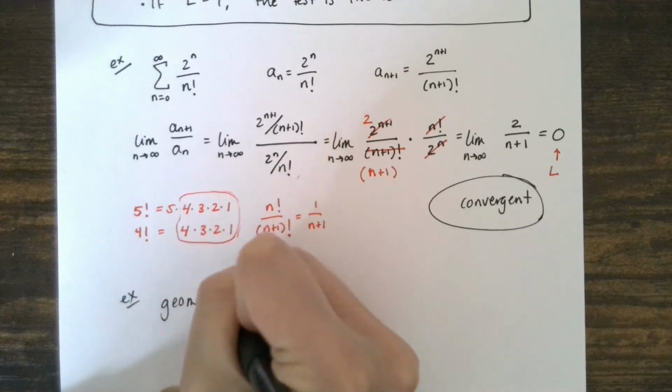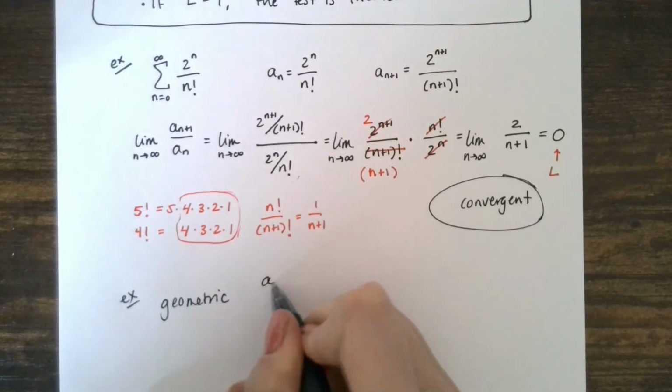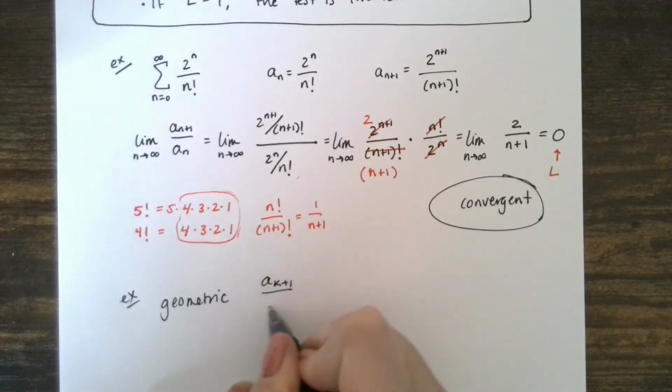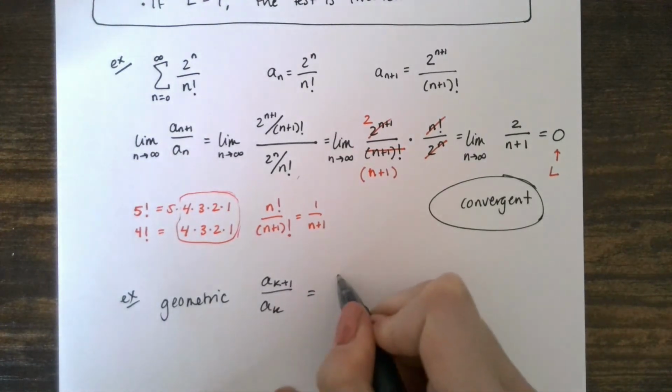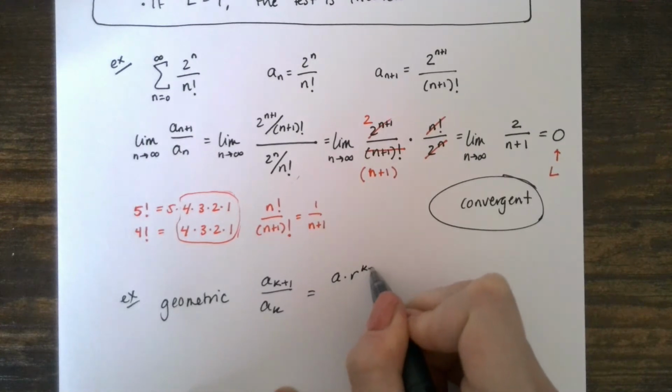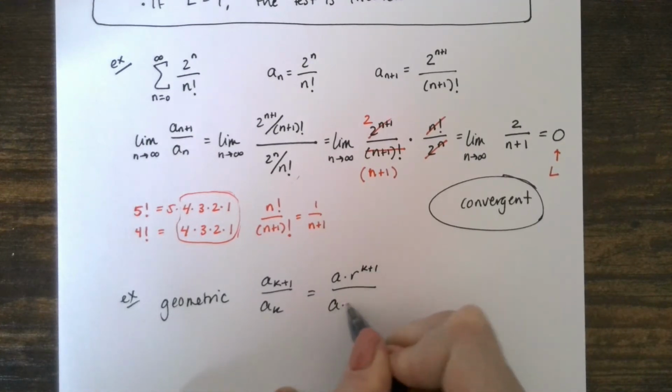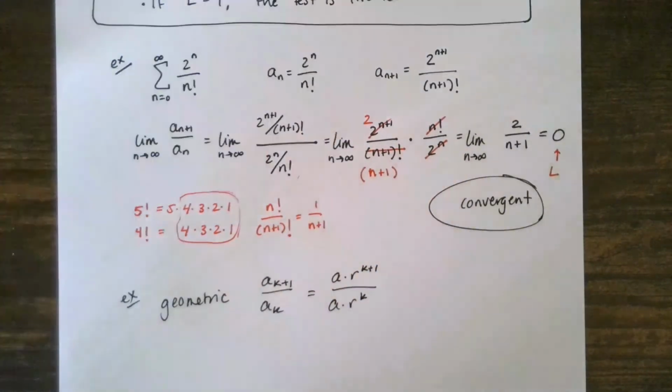We're not actually going to define one, we'll just think, okay, usually we have k and k plus 1 for geometric, so we'll keep it that way. So we would have a times r to the k plus 1 over a times r to the k. Those are like consecutive terms for a geometric series.